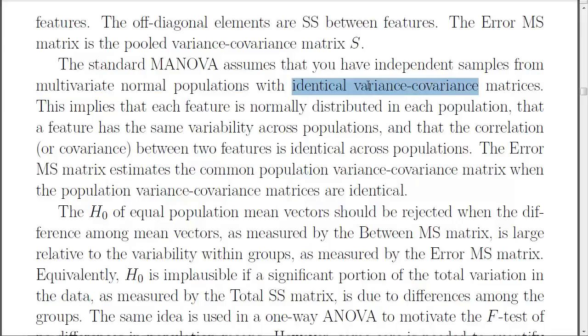And similarly, we have identical variance-covariance matrices. So this is like in a two-sample t-test from last semester, assuming that the variance for each of our groups is equal. Remember, when it wasn't equal, we'd use the Satterthwaite approximation for the degrees of freedom, but when they were equal, we could use the pooled variance. So here we're going to assume that the variances are the same for males and females.